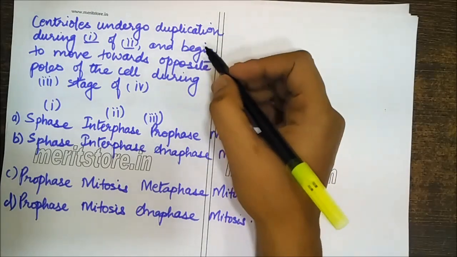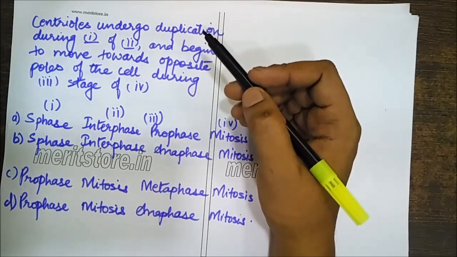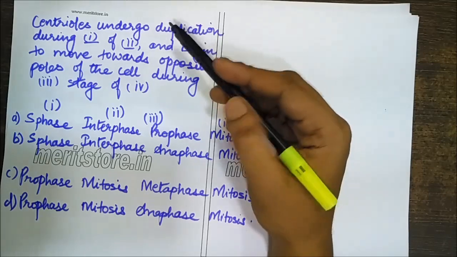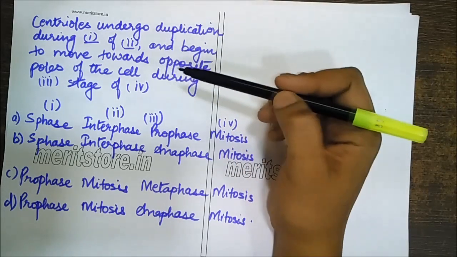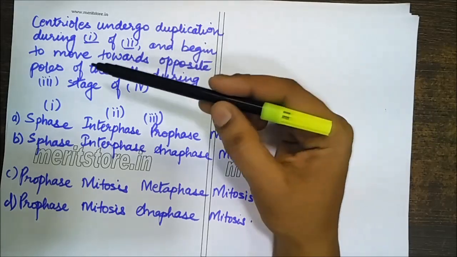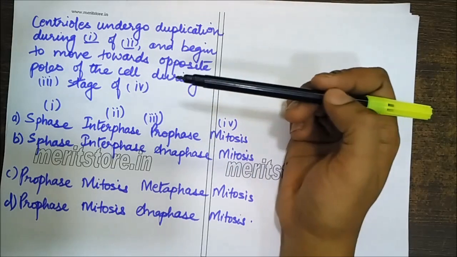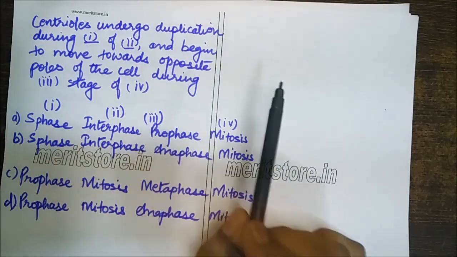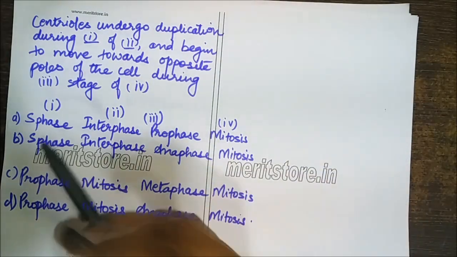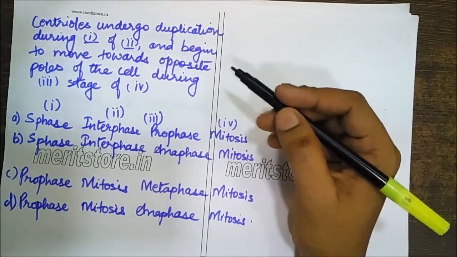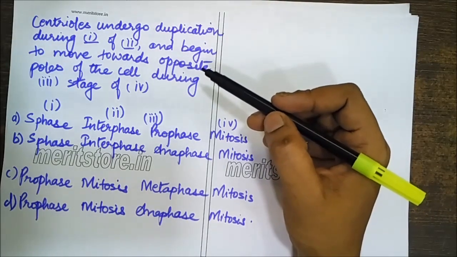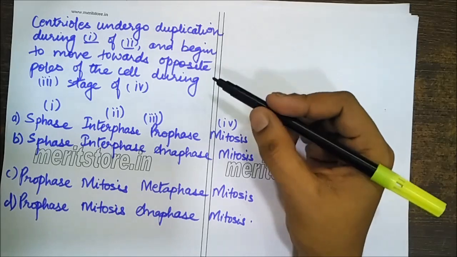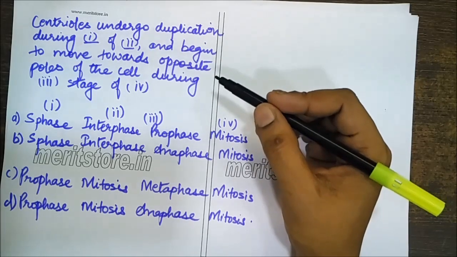Next, centrioles undergo duplication during 1 and 2 and begin to move towards opposite poles of the cell during 3 and 4. At which phases is this occurring? The centriole undergoes duplication in animal cells during the S phase of interphase.